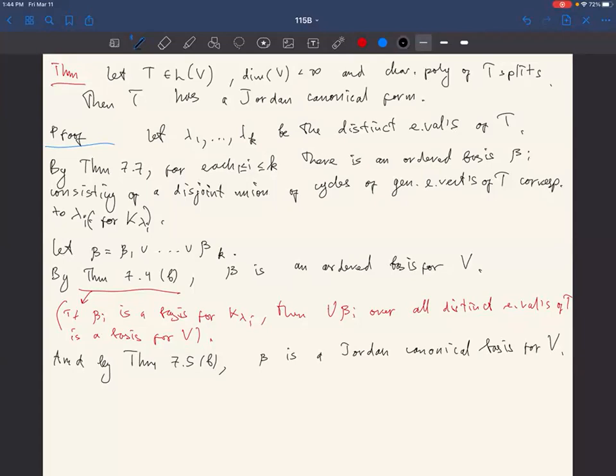And we know by theorem 7.5 that the matrix representing T restricted to each of the beta i's is a Jordan canonical block. And so the union is going to be a Jordan canonical basis. If you take the matrix representing T with respect to this beta, this is a Jordan canonical form, because beta is a Jordan canonical basis. So this is it. This concludes the proof.